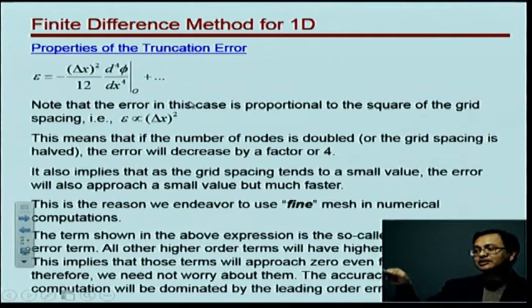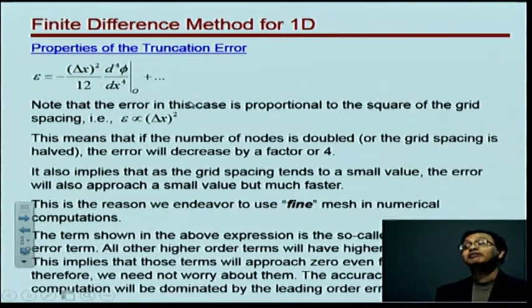Now, why do we not care about those higher order terms? Well, think about it: if delta x is reduced by a factor of 2, delta x squared goes down by a factor of 4, and delta x to the 4 goes down by a factor of 16. So those higher order terms decay even more rapidly than the leading order term as you refine the mesh. So you don't care about them.